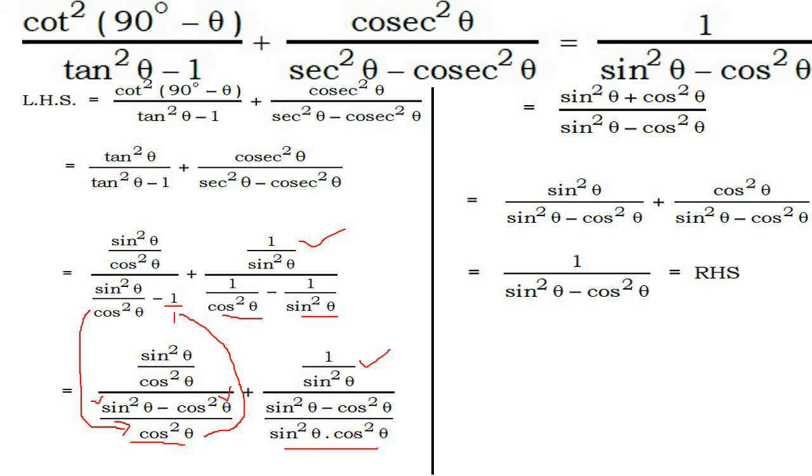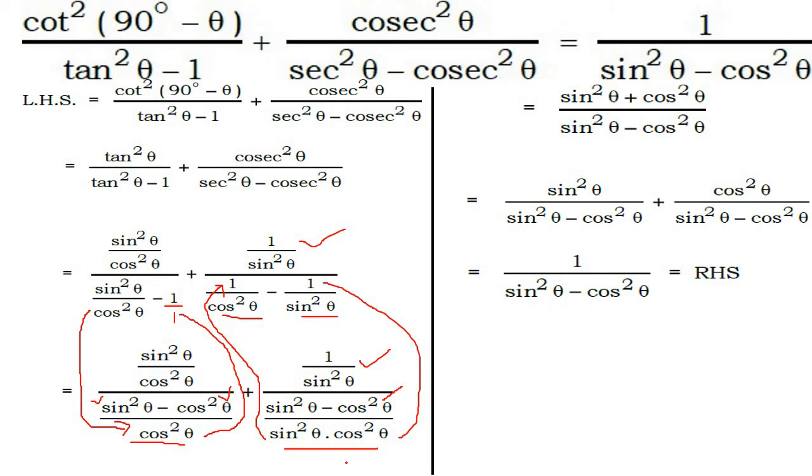Cos square theta cancels, sin square theta into 1 is sin square theta. So cos square theta gets cancelled, remaining is sin square theta. Sin square theta minus sin square theta gets cancelled, leaving cos square theta, so cos square theta into 1 is cos square theta.